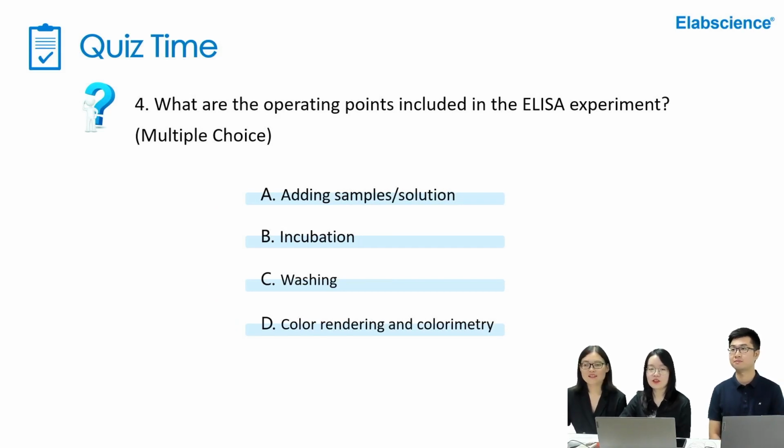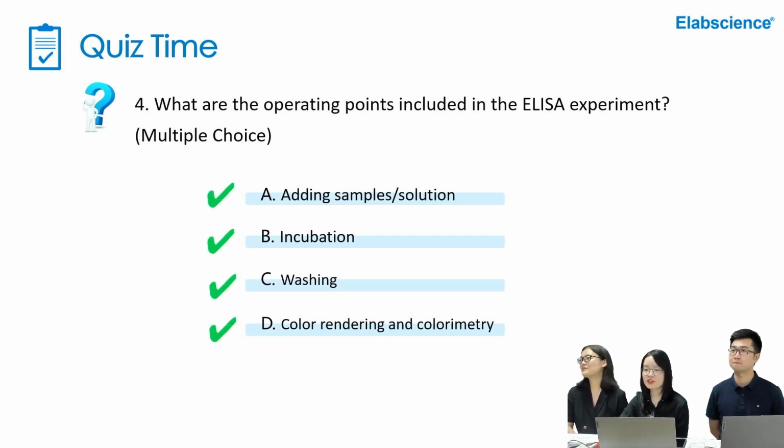Quiz 4. What are the operation points included in the ELISA experiment? It's also a multiple choice, and it's an easy quiz. This content is included in our content part, right?